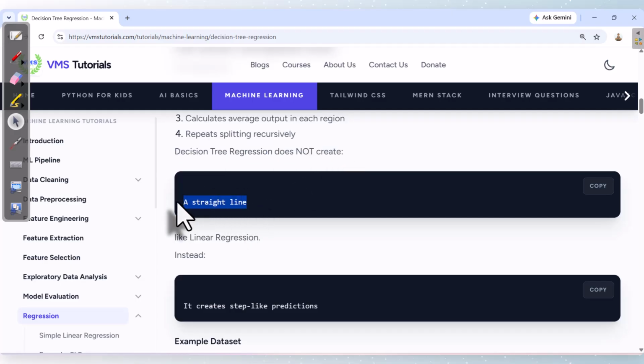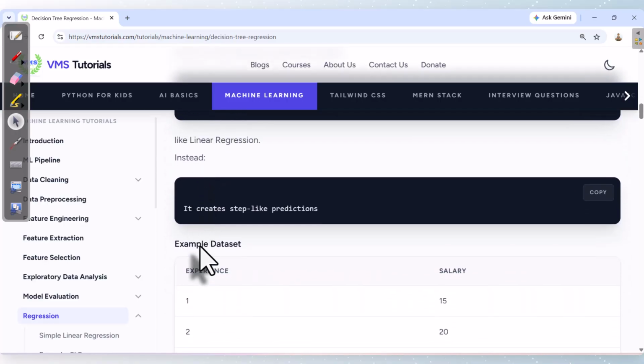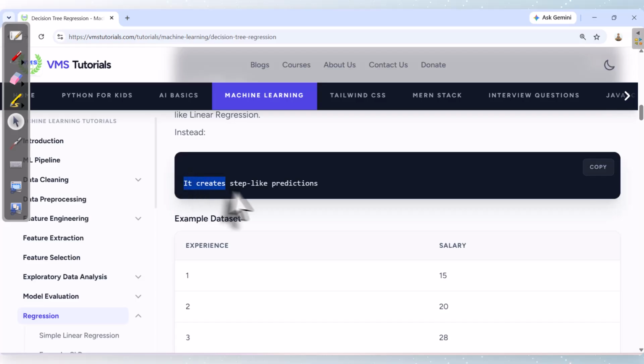Here we don't have any formula like y = mx + b. Decision tree regression instead creates step-like predictions. We create some rules based upon the split, then we calculate the average, and then the predictions are done.